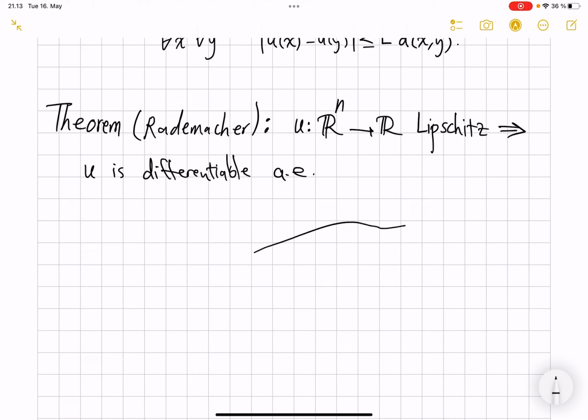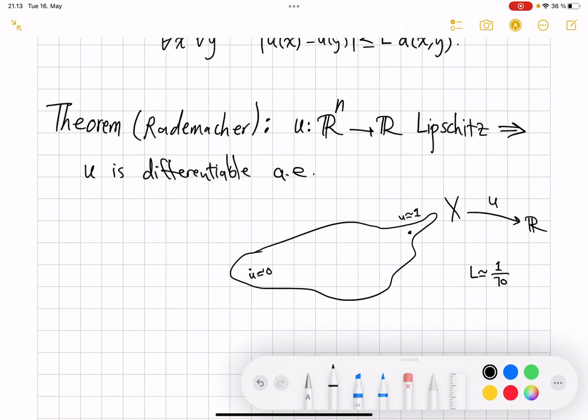To illustrate the point, you could have a function that goes from X into R. The Lipschitz constant L is a global quantity, so if you have values of u that are about 0 on this end and about 1 on this end, and this diameter is something like 10, then the Lipschitz constant will be comparable to 1 over 10.